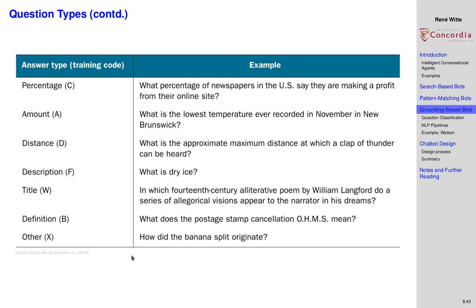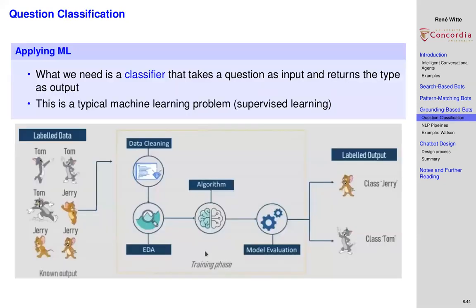So now, based on the example questions, how do you find the category, the question type? Well, this we also covered in a previous lecture, this is a typical machine learning problem. This is a classification problem. So we need a classifier where we input the question and we get the category, the question type, as output.